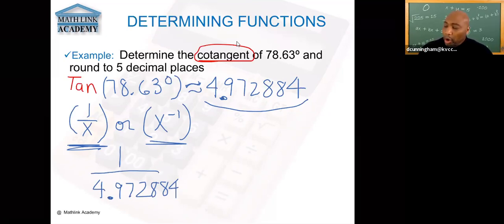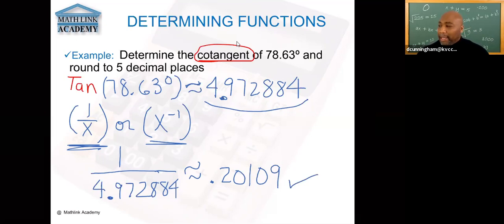Once you do 1 over that, that will be our answer because it's the reciprocal. The cotangent is the reciprocal of the tangent. The approximation of this will be, I believe, 0.20109, to 5 decimal places. And that will be our answer.